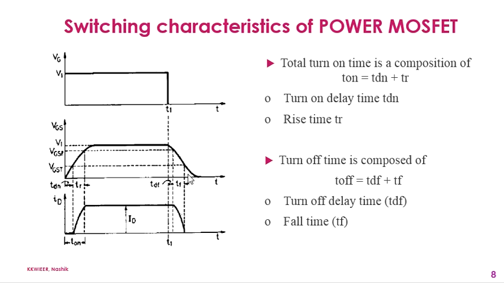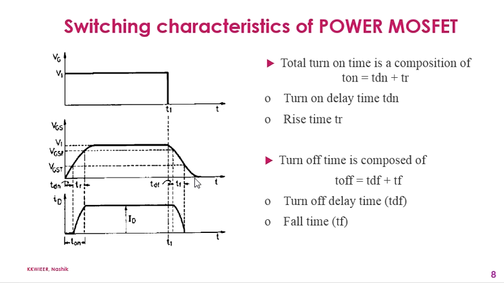And what is fall time? The time during which the input capacitance discharges from VGSP to its threshold value VGST. This is called fall time, which is denoted as TF. During this TF, the drain current ID falls from its maximum value ID directly to 0.